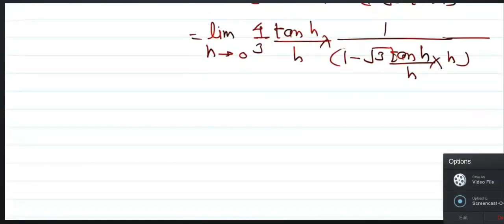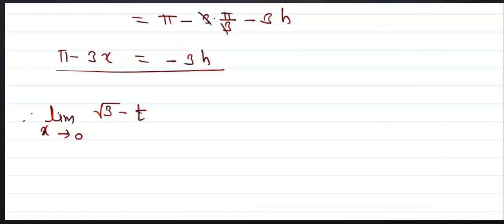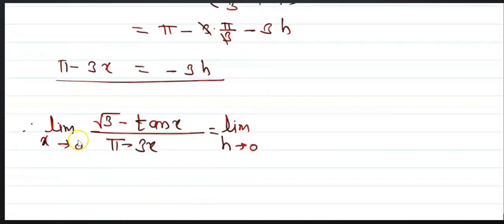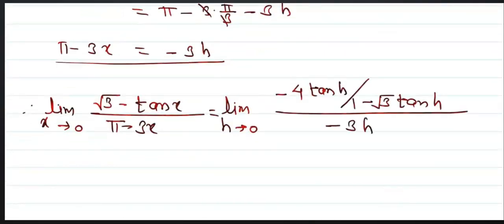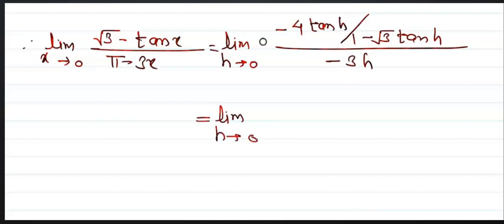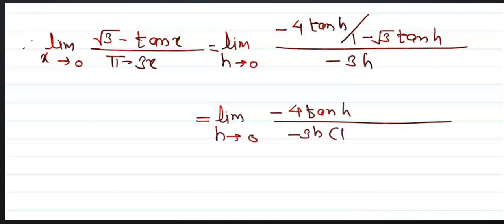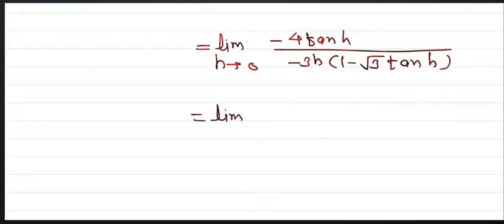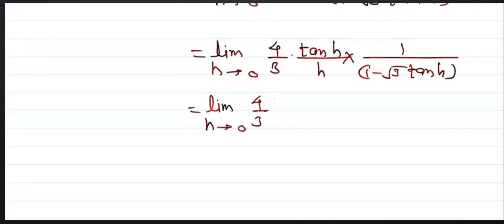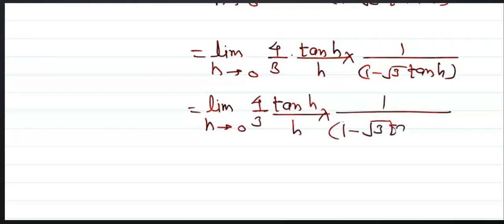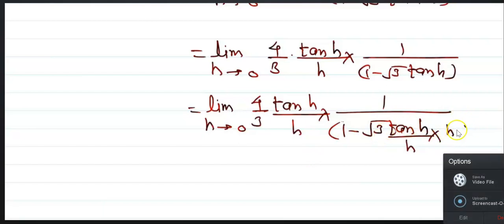Now again you can see this. 4 upon 3 tan of h upon h. Important, tan of h. Now next step is also 4 upon 3 tan h upon h. The h here makes the overall limit 0.